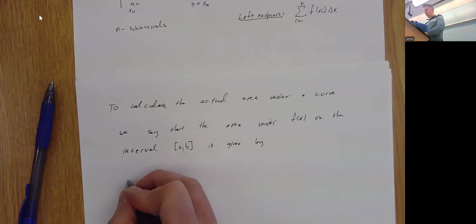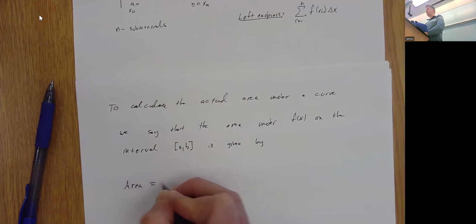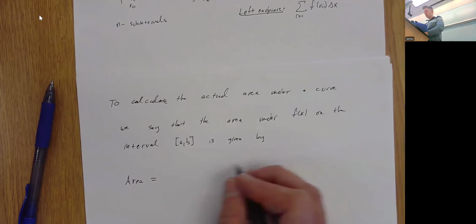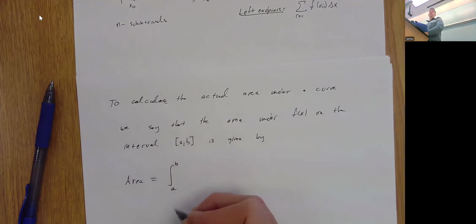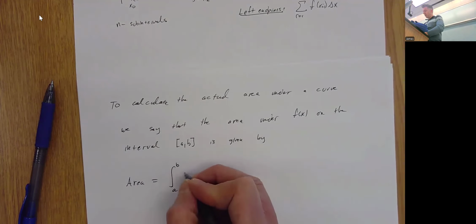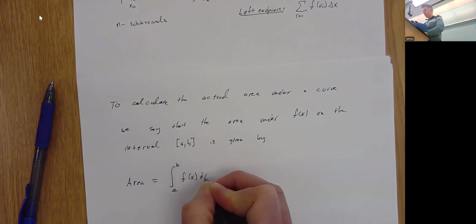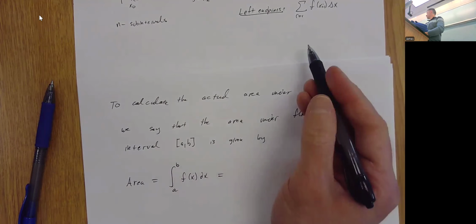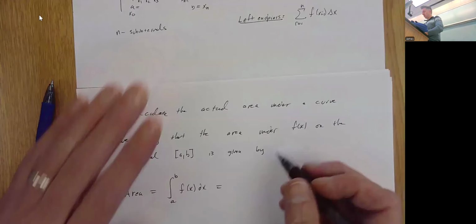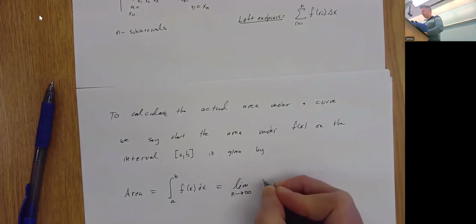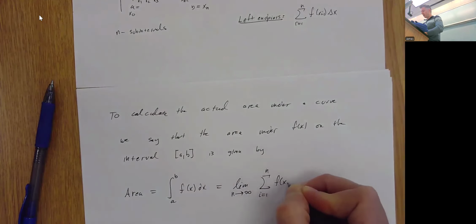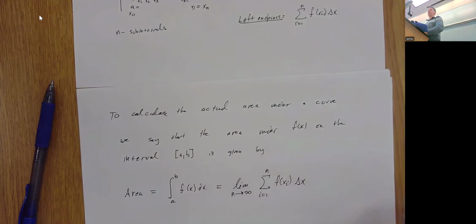So area, we typically write it using this integral notation from a to b. It's always from the bottom to the top of your function. It is equal to the limit of that estimate up there, which you can't quite see: the limit as n goes to infinity of the sum from i equals 1 to n of f of x sub i times delta x.